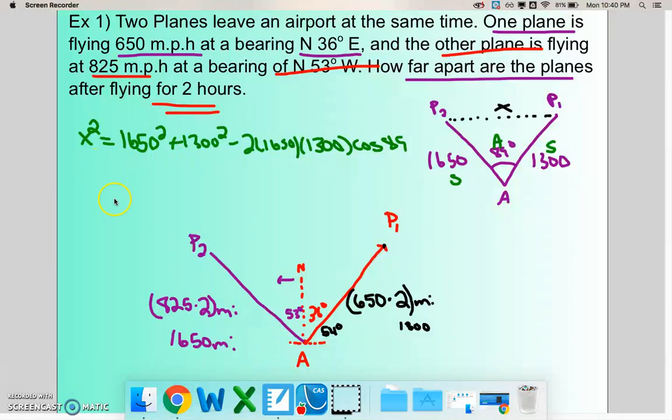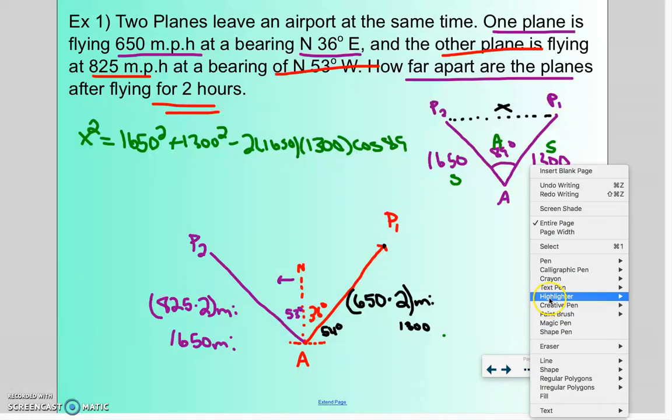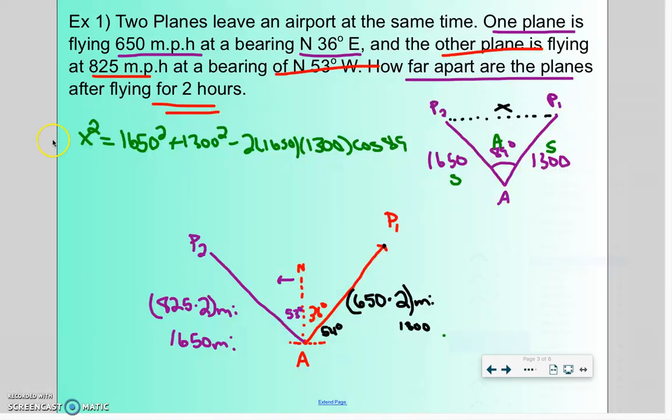After you do all that work and set this problem up like we just did, when you solve for x, you get x is equal to 2,182.698 miles apart after those 2 hours.